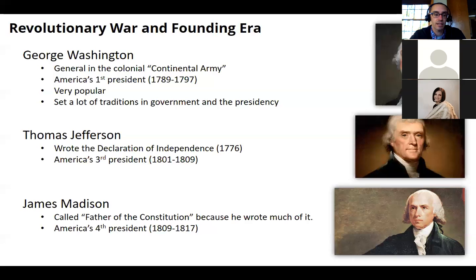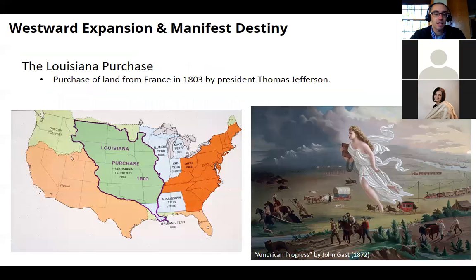Well, now we're into the 1800s. So after the founding era, after the American Revolution, we have the westward expansion and the period we call Manifest Destiny. In 1803, we get the Louisiana Purchase of land from France by President Thomas Jefferson. The Louisiana Purchase is highlighted there in green, surrounded in purple. It basically doubles the size of the United States.